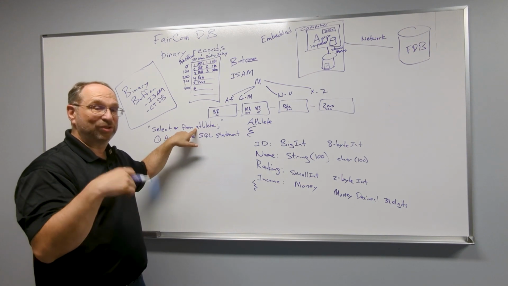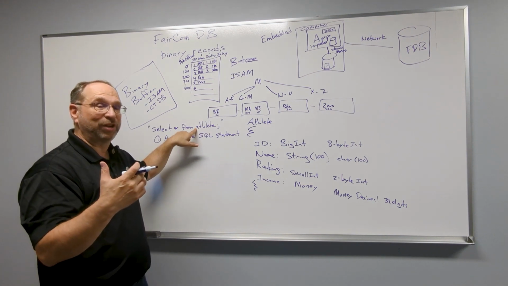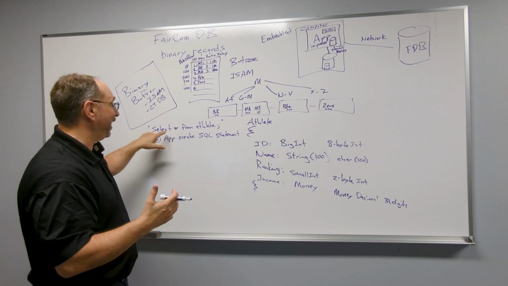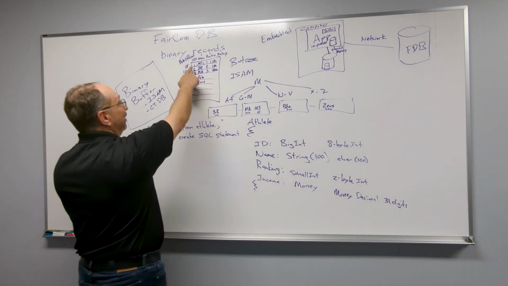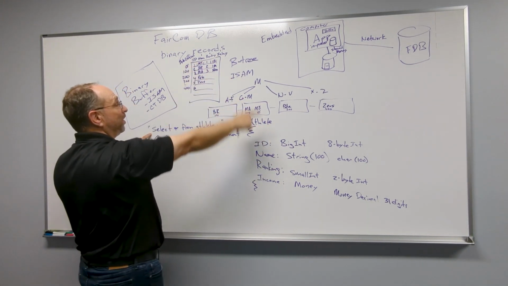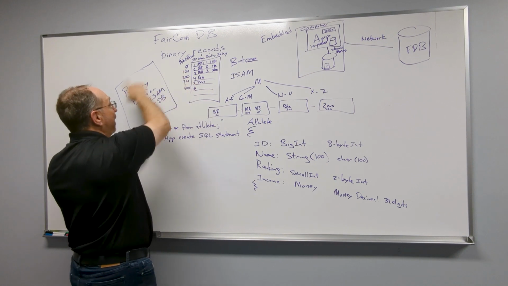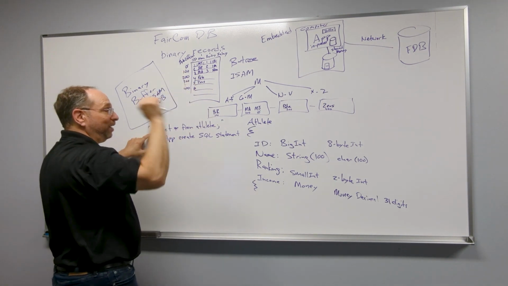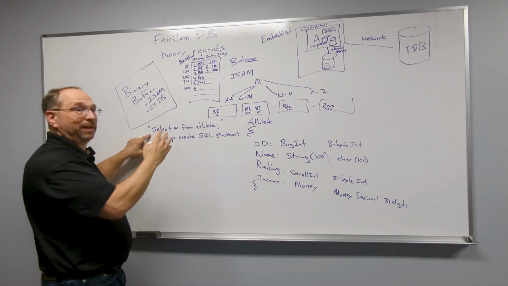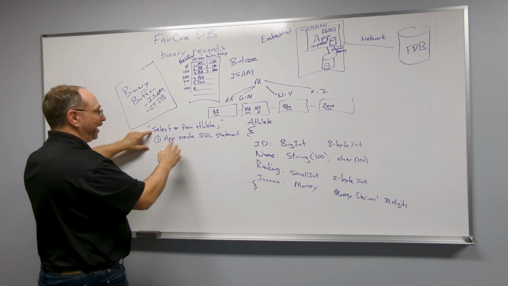That is slow. You have to convert from whatever you're using to that. Remember, there is none of that conversion in the FairCom engine for the binary buffer APIs. You already say, give me another record, and it just comes in. So that's a huge difference.